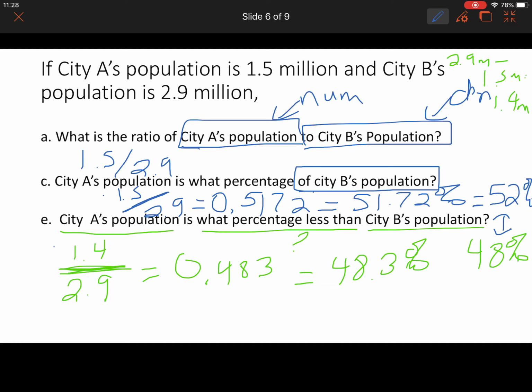It's called the percent change or the percent difference. We'll learn a fancy formula for it, but you'll see you actually won't have to have a formula if memorizing lots of formulas and when to use them is stressful to you. Here, what I had to do is just identify the reference value, which was City B's population, and figure out how much less there was so that I could divide and figure out what percentage less there was.